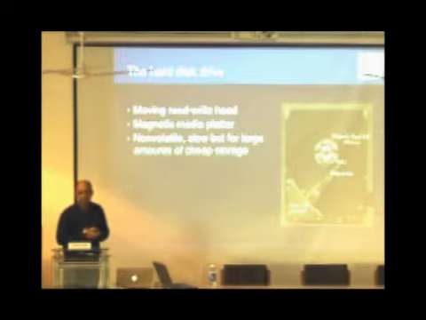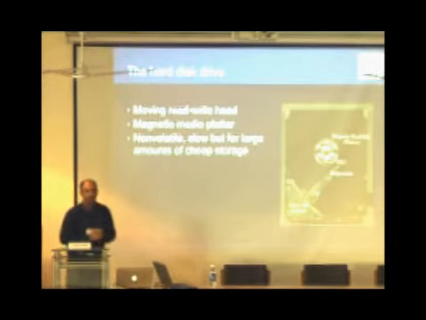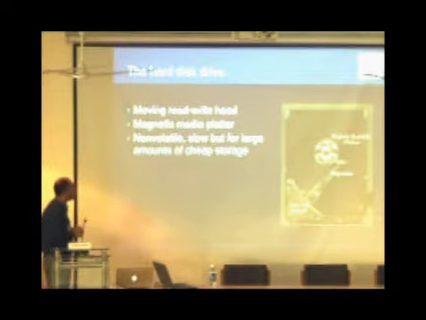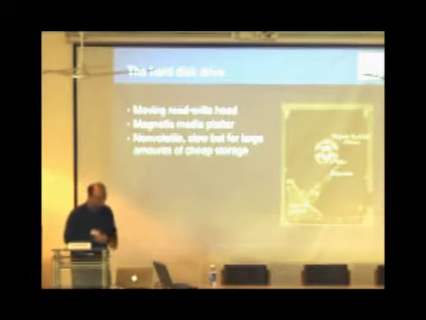But since then, even today, the best way to store computer data, especially large amounts, has been the magnetic hard disk drive. And nowadays you can buy terabytes of data for less than $100. I'll come back to what the storage density means here.